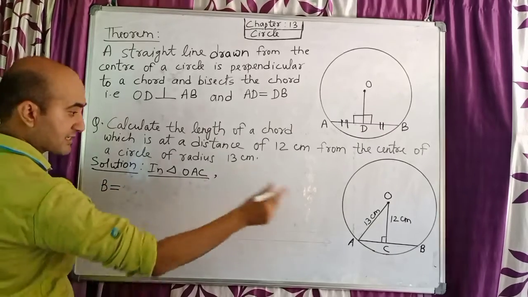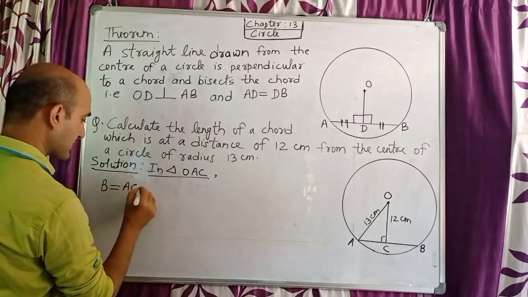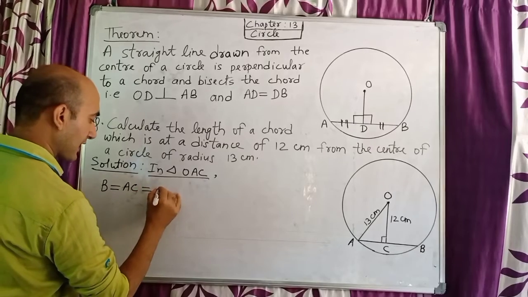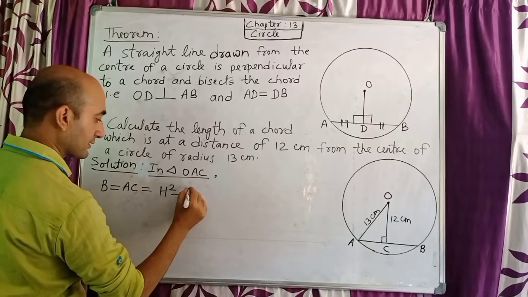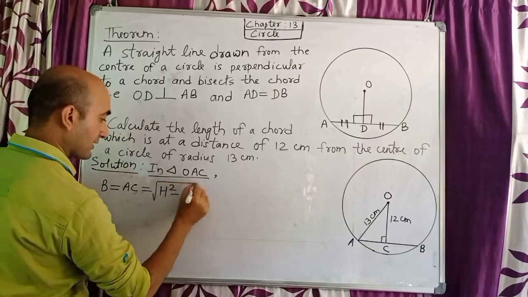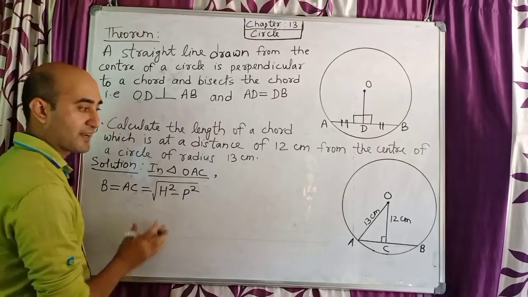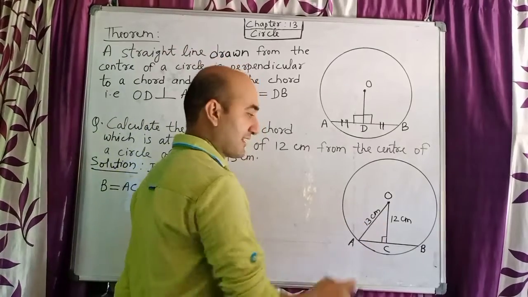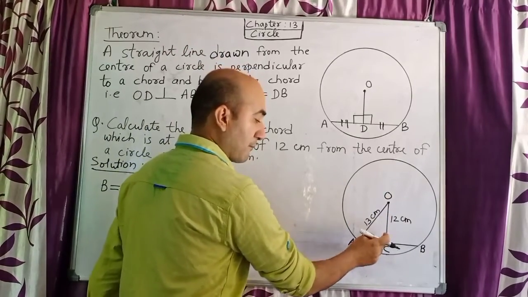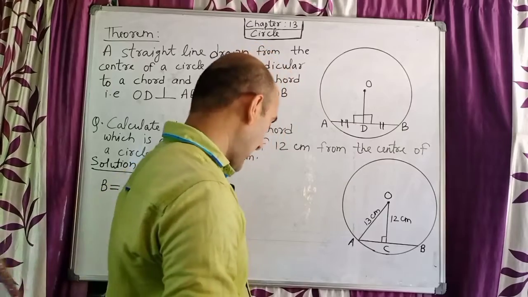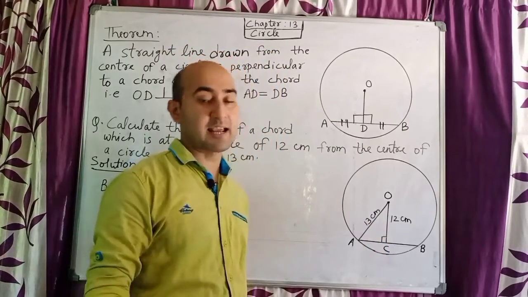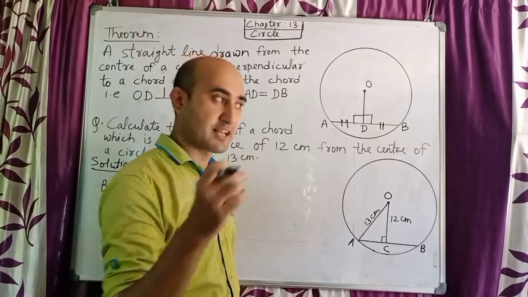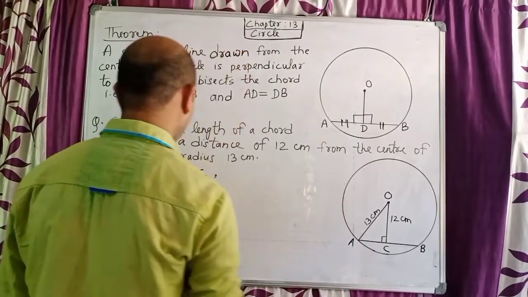As my base is AC, AC is equal to the square root of hypotenuse square minus perpendicular square. This is Pythagoras theorem. Because this is a right angle triangle, because it is making a perpendicular here, and perpendicular means 90 degrees, and in a right angle triangle we can use Pythagoras theorem. That's why I am teaching this chapter after Pythagoras theorem.